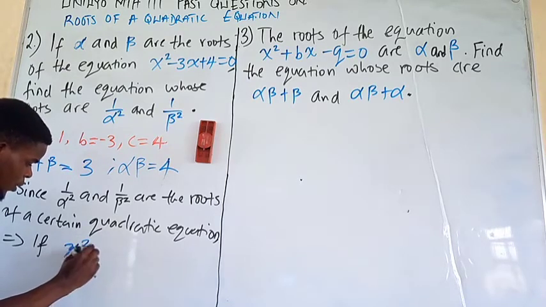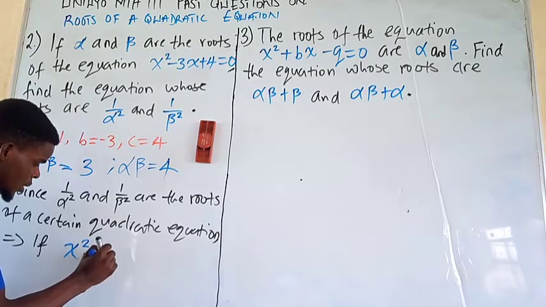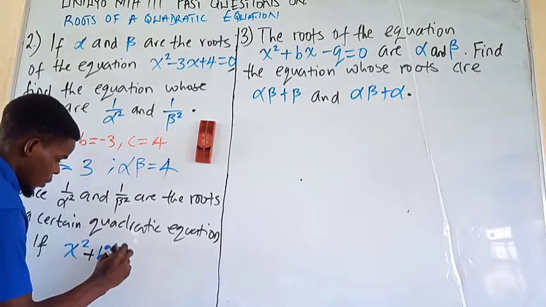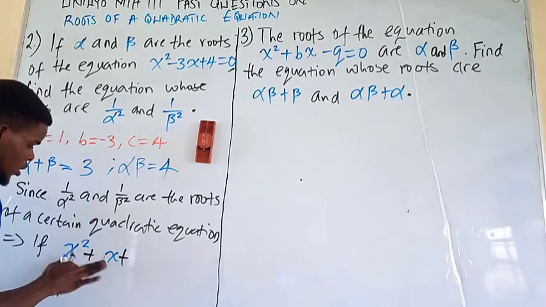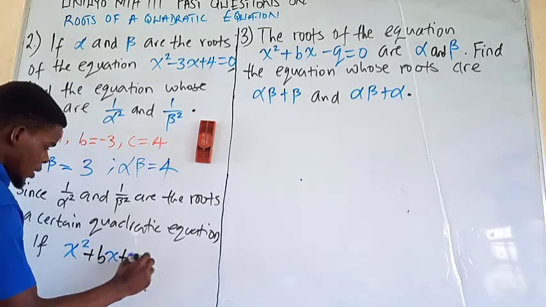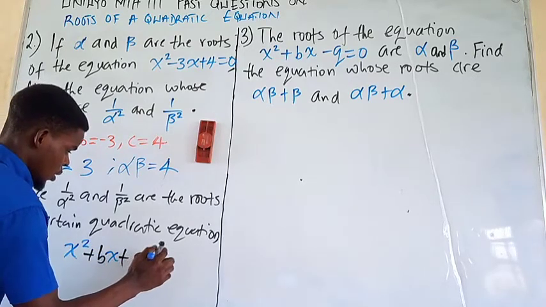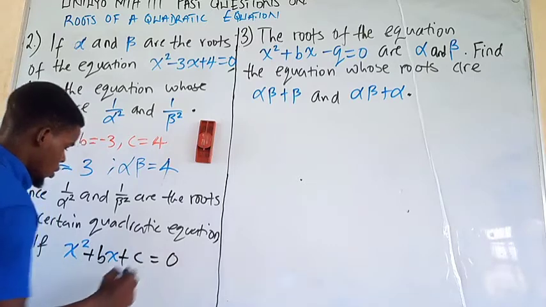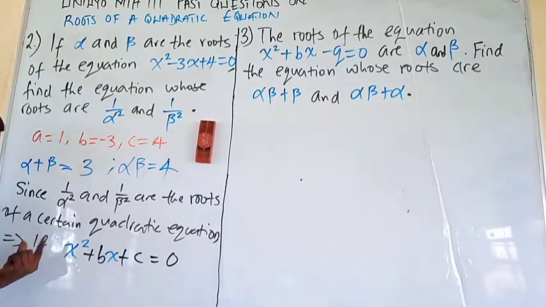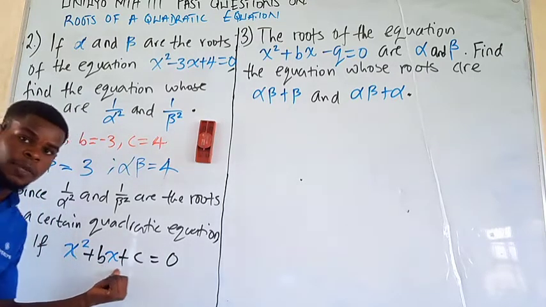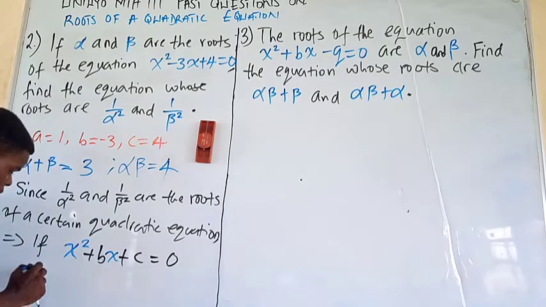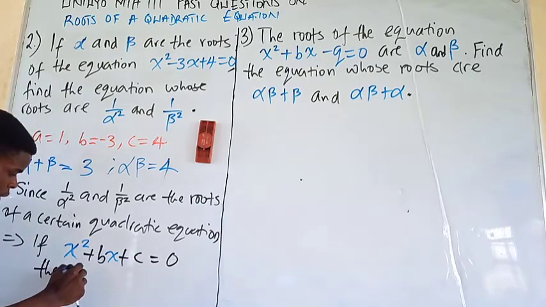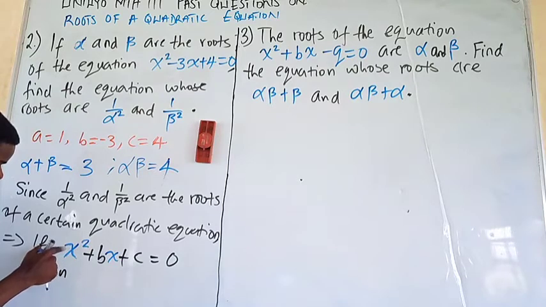plus bx plus c is equal to 0, so it implies that if x squared plus bx plus c is equal to 0, then, let me put this down as a, sorry for that.